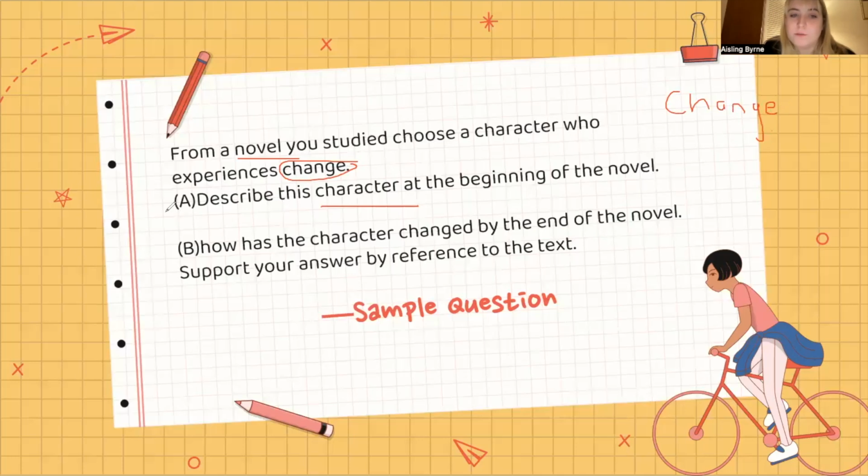So the first part of it is we have to describe this character at the beginning of the novel. So how were they at the start? Happy, sad.